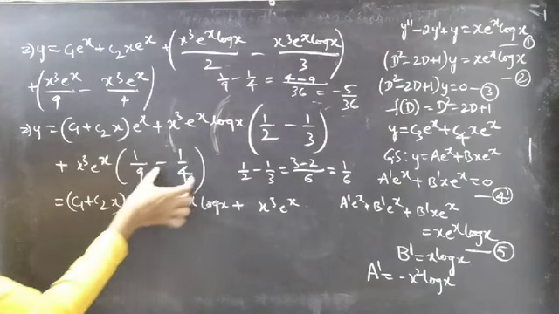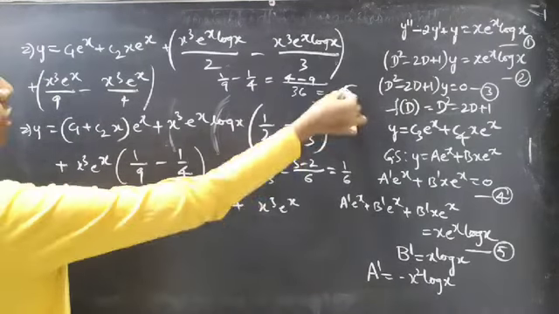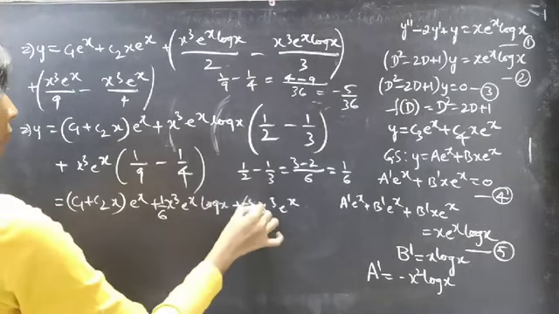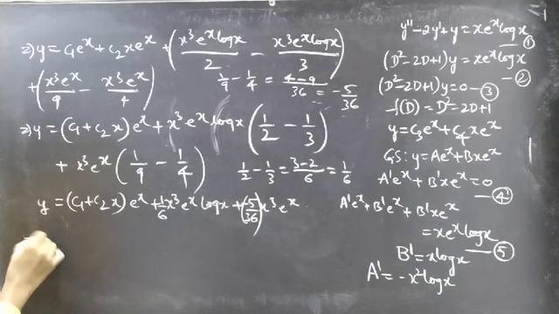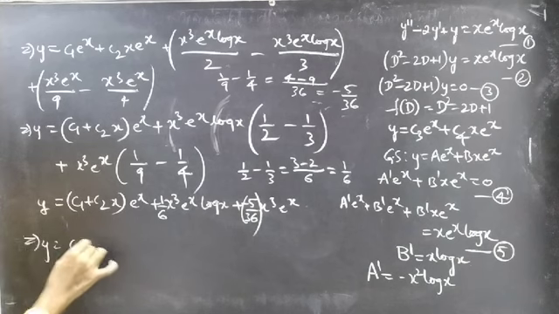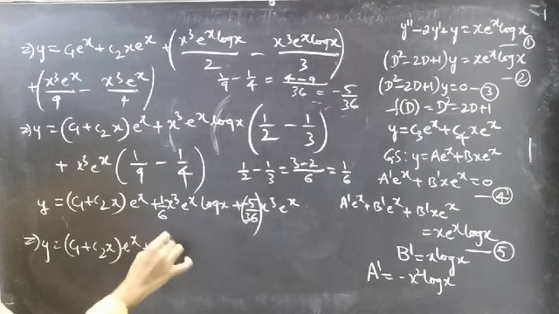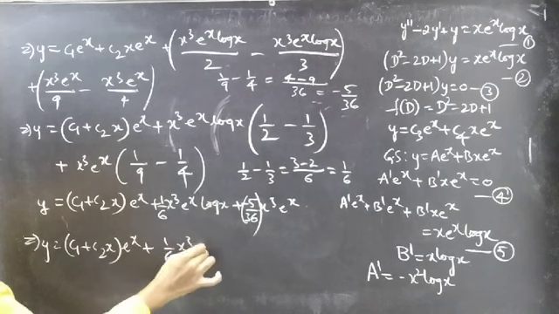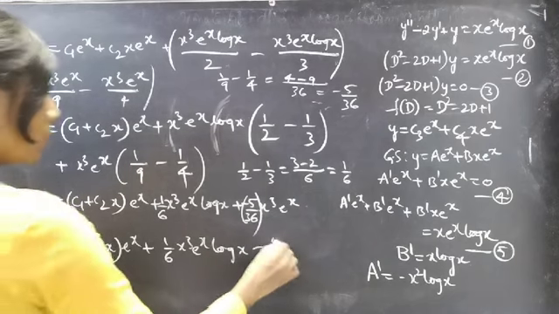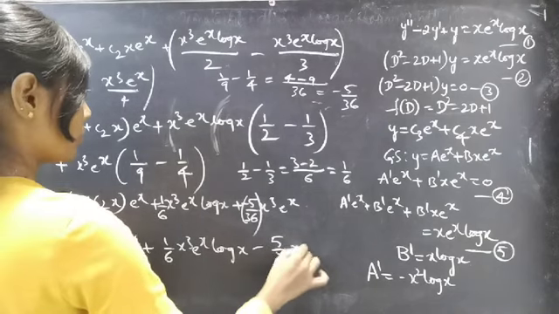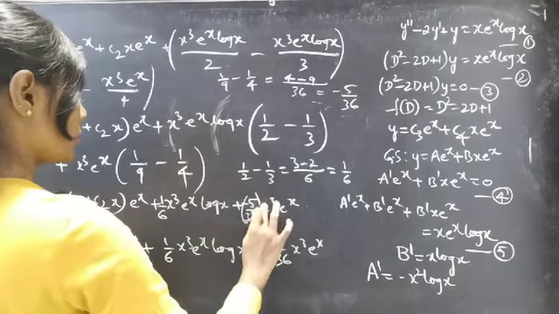Now just replace 1 by 9 minus 1 by 4 with minus 5 by 36. This gives us y equal to c1 plus c2 x, into e power x, plus 1 by 6 x cube e power x log x minus 5 by 36 x cube e power x.